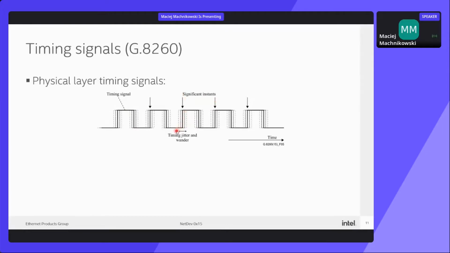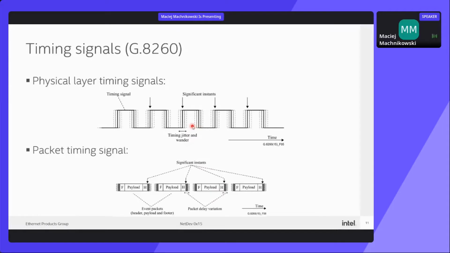And this signal is mainly prone to jitter and wander error. Jitter is a short-term error, and wander is a long-term deviation of the frequency. And the other one is a packet-based timing signal.